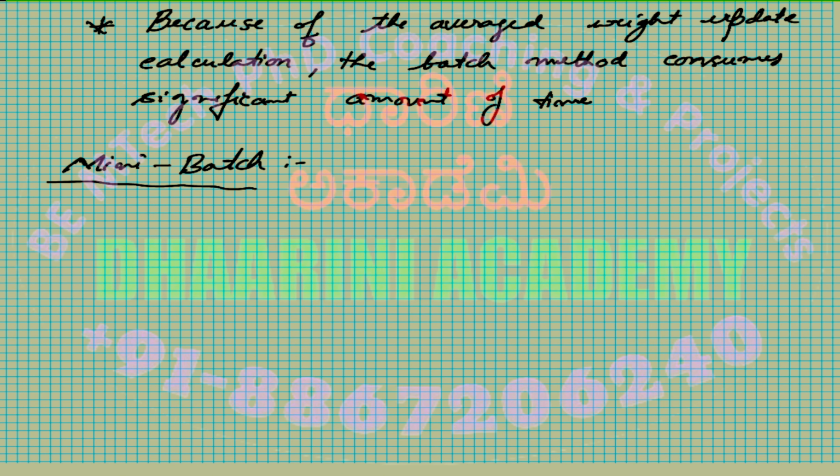Now we have already seen stochastic gradient descent: what do you mean by that, and how it can be used for weight updation by calculating an error. Now there is a slight blend of this technique, which is called the mini batch. Basically the mini batch selects part of a training data set and uses it for training using the same batch method.